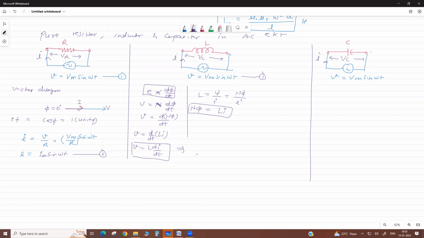If we calculate the current, it is from this di by dt, and di by dt equals V divided by L. If we integrate both sides with respect to t, it converts into I, and this comes. Now L is constant, so it is outside, V dt. Correct?